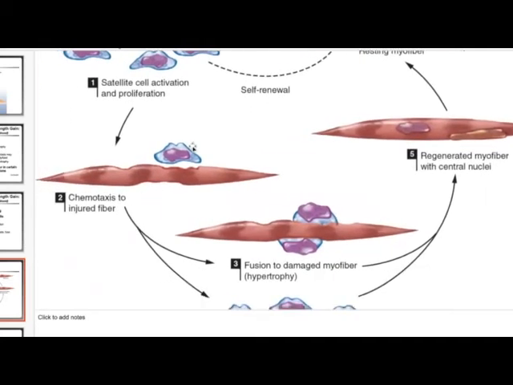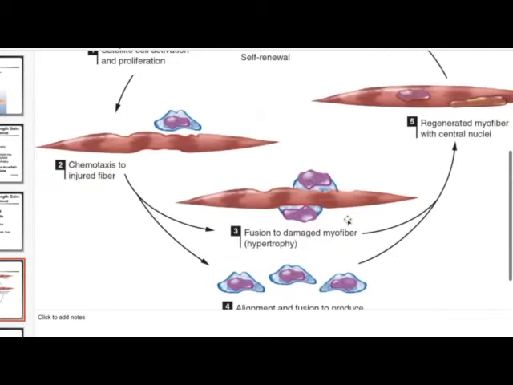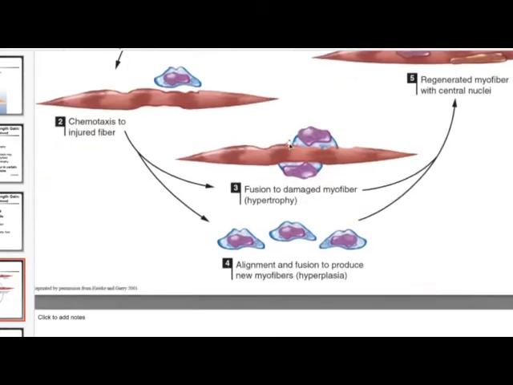And then these satellite cells kind of attach like a scab to where the damage is. All right, and you could see that these satellite cells have a particular mass and size to them. So you can imagine if a bunch of these satellite cells attach and attach and attach, eventually what's going to happen is the overall diameter of this myofiber is going to increase because it's layered by these satellite cell scabs.